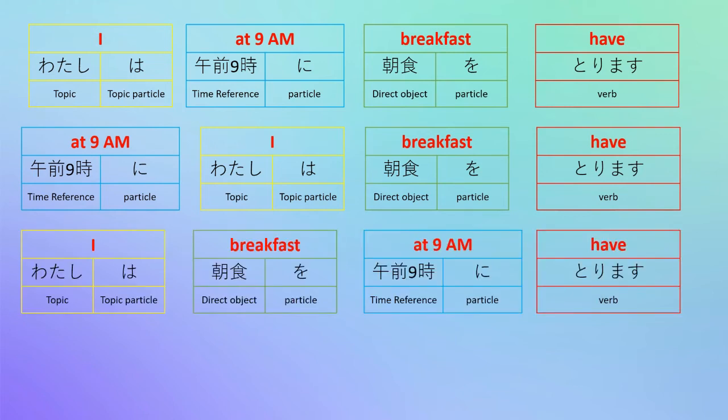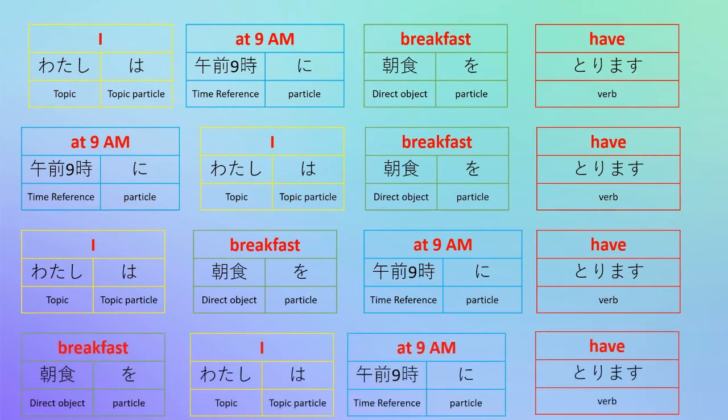We can have another word order arrangement. Watashi wa chushoku o gozen kuji ni torimasu. Here we just exchange the positions of the time reference and the direct object. Or lastly, we can have the direct object first, then the topic in the middle. So, chushoku o watashi wa gozen kuji ni torimasu.